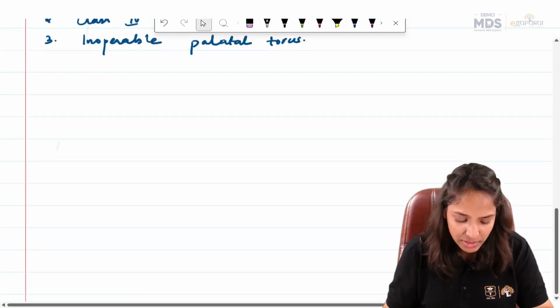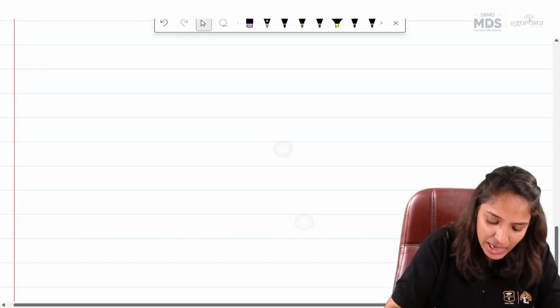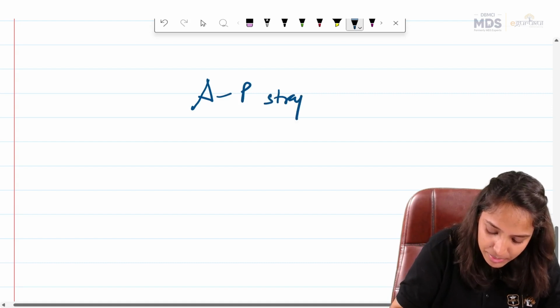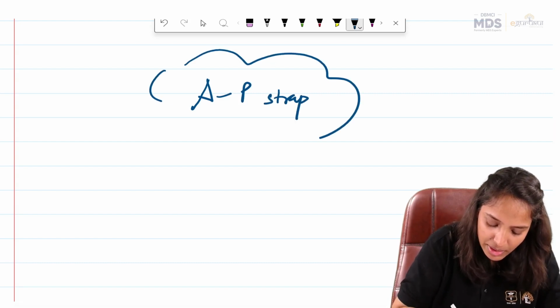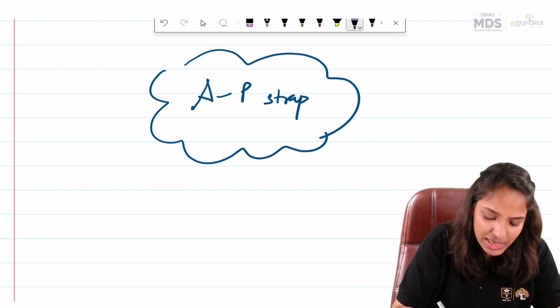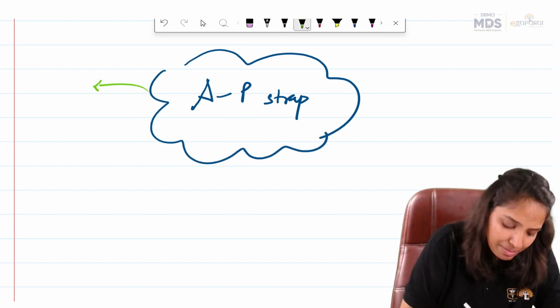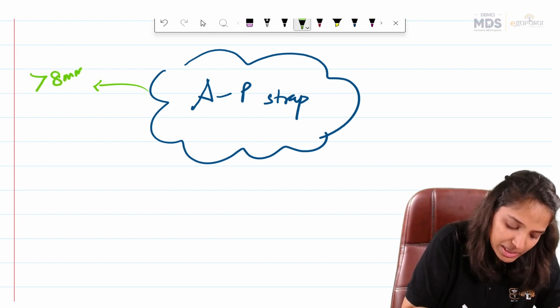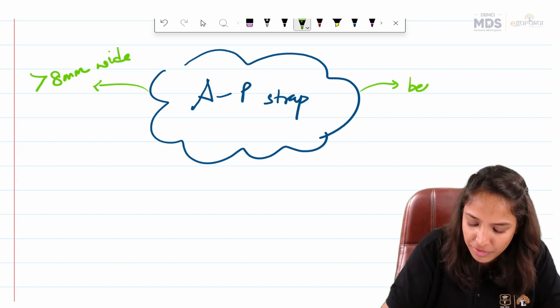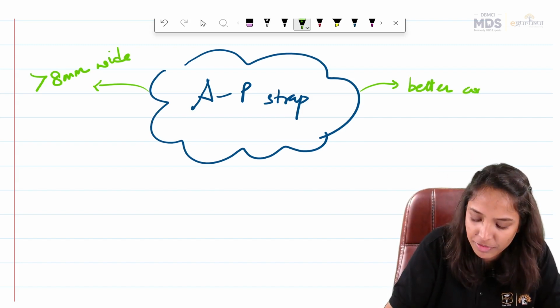So all in all, if as a student I have to remember AP strap, how do I remember it? The majority of it is the same as AP bar, except that the strap is greater than 8 millimeters wide. And the only differentiating point is that it offers better comfort.